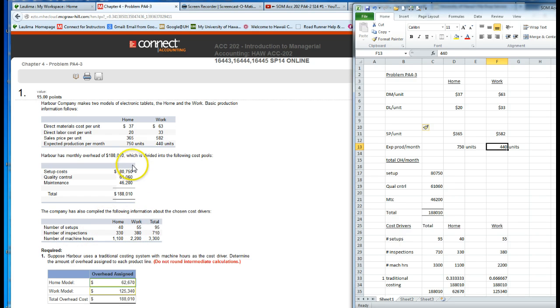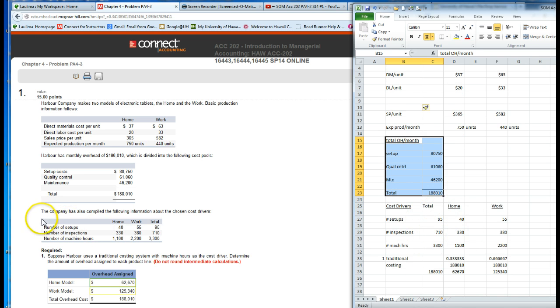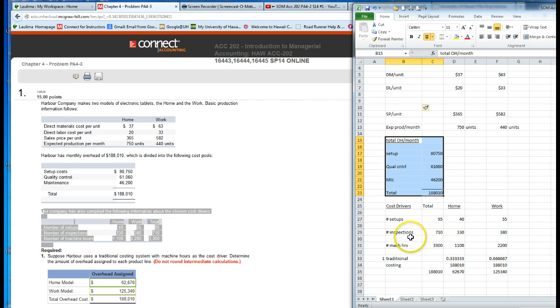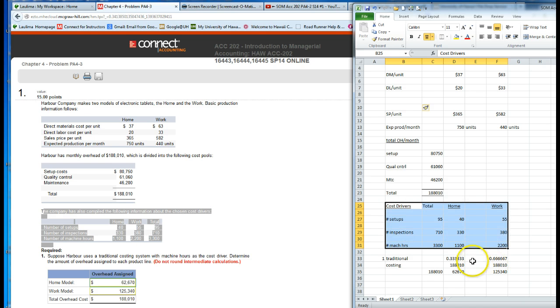So we have again our cost pools set up, and the total is equal to our total overhead. And so what I've done here is just show those amounts separately. And then finally, for the cost drivers, I've also shown that information over here on the spreadsheet.